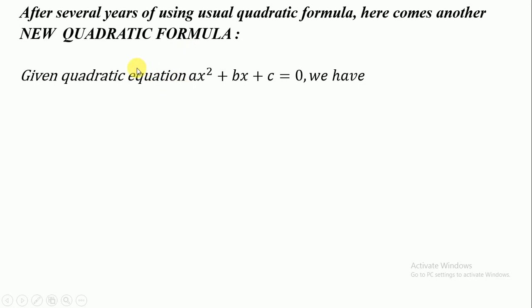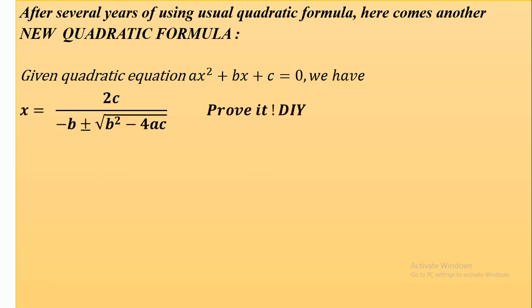Given the quadratic equation ax squared plus bx plus c equals 0, we have the new quadratic formula. x will be equal to 2c, everything divided by minus b plus or minus square root of b squared minus 4ac. You can prove it. Do it yourself. You can prove this from this, okay?